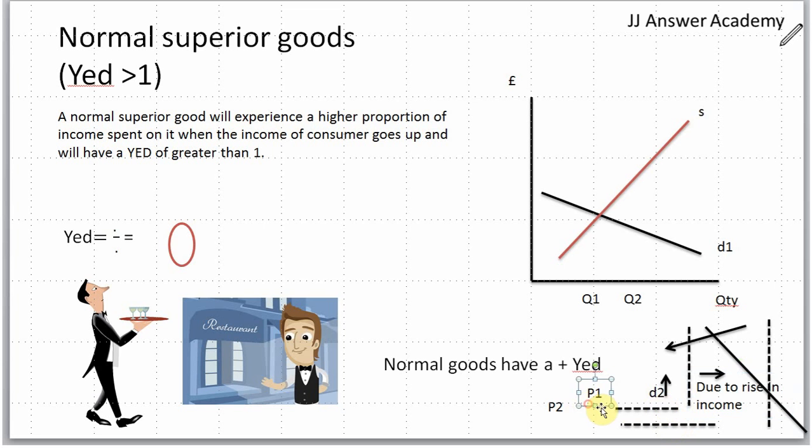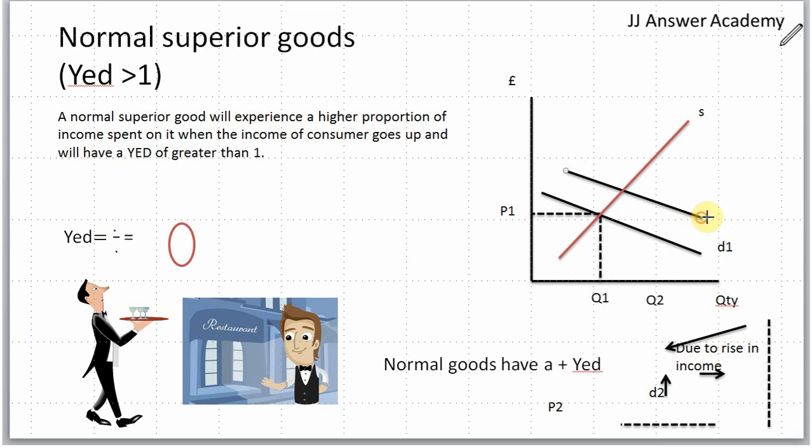Now price is, let's say, P1, where D1 and the supply curve intersect. Quantity demanded is Q1. As the income increases, more will be demanded, so the demand curve shifts outwards from D1 to D2.